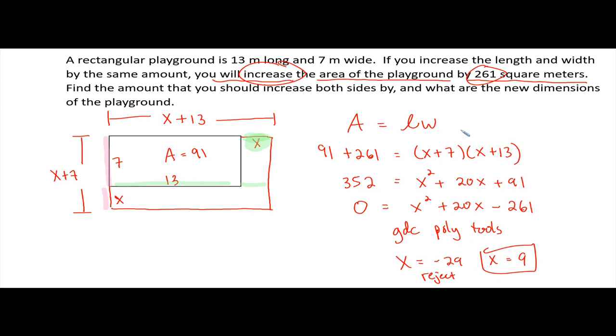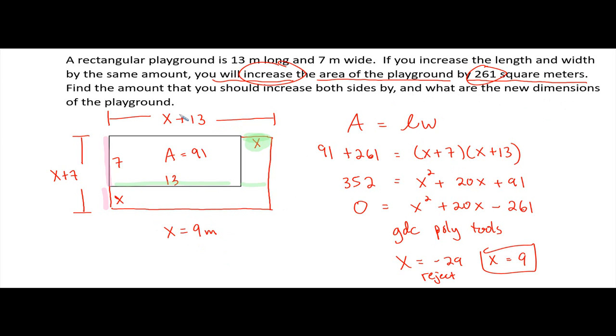Now let's make sure we answer the question. Go back and make sure that you answer the question, because sometimes it's not asking for x, it's asking for something else. So it says find the amount that you should increase both sides by, and we found that that's 9. And what are the new dimensions of the playground? So x is equal to 9 meters, that's what we should increase both sides by.